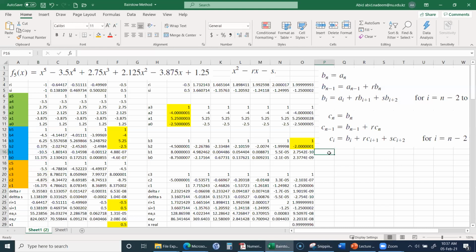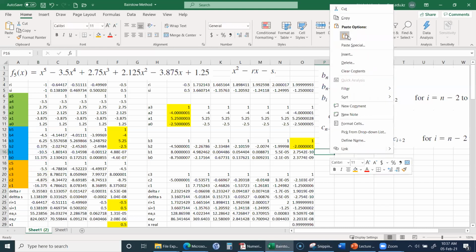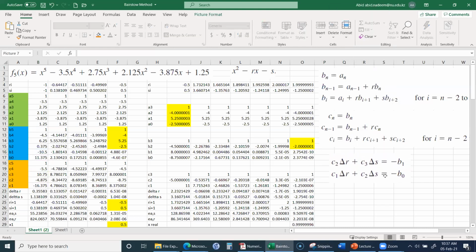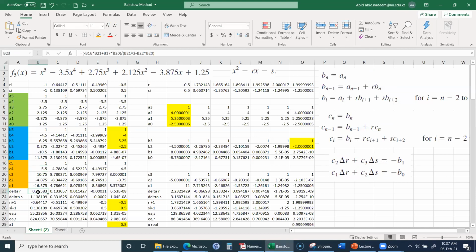For delta R and delta S, you will use this equation. For example, for delta R, I will use these values: minus b1 times c2, where minus b1 is b16, minus this one.